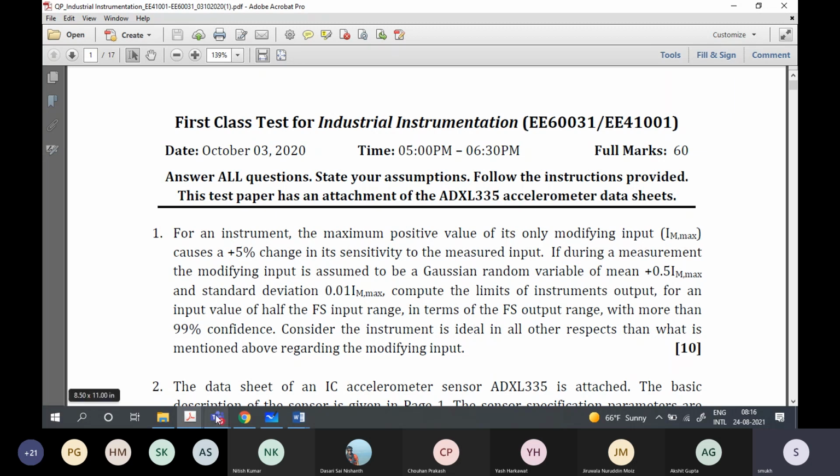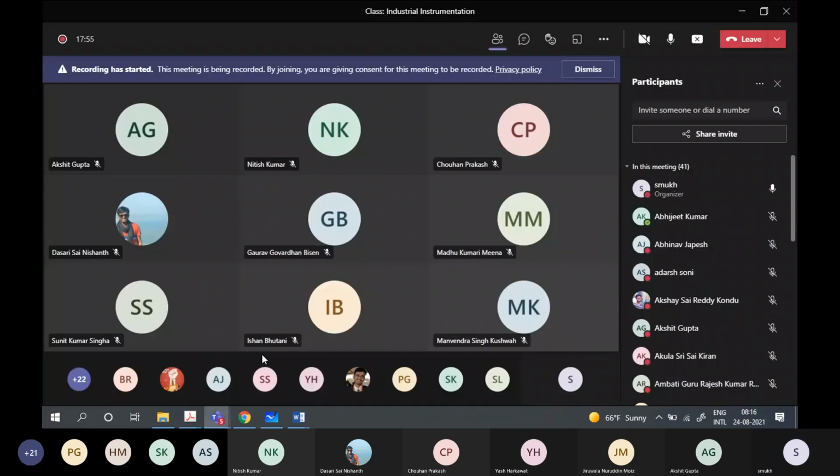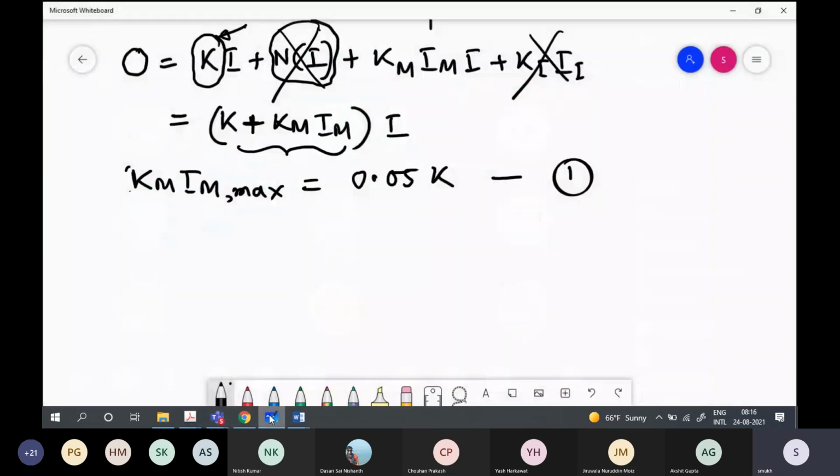Can you hear me? Hello, can you not hear me? I have to call by name. Nitish Kumar, can you hear me? Yes, sir. So somebody should say yes, sir. Otherwise, it's difficult. Do you get this equation or not?